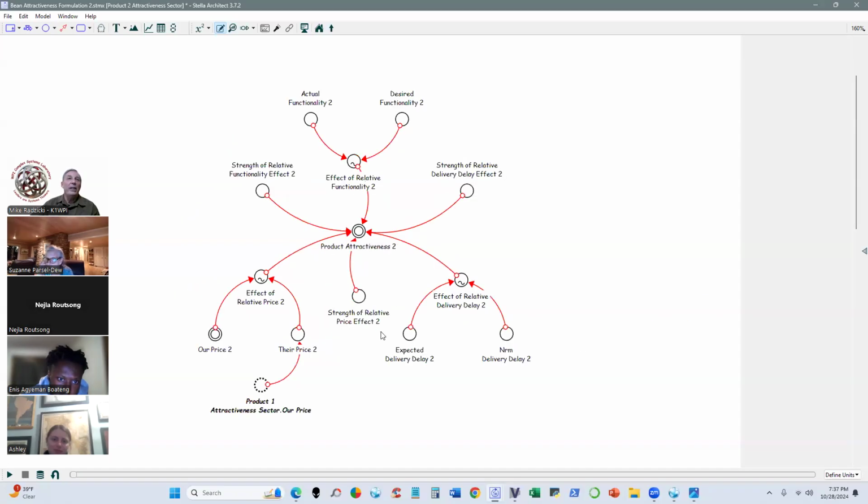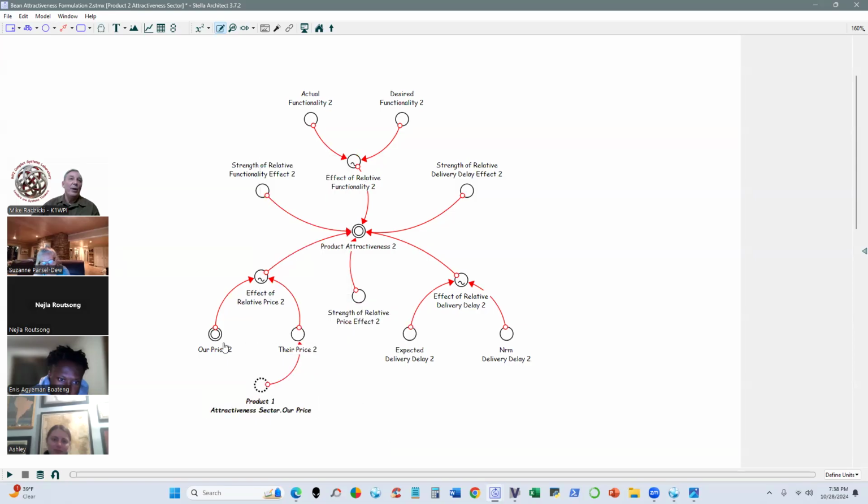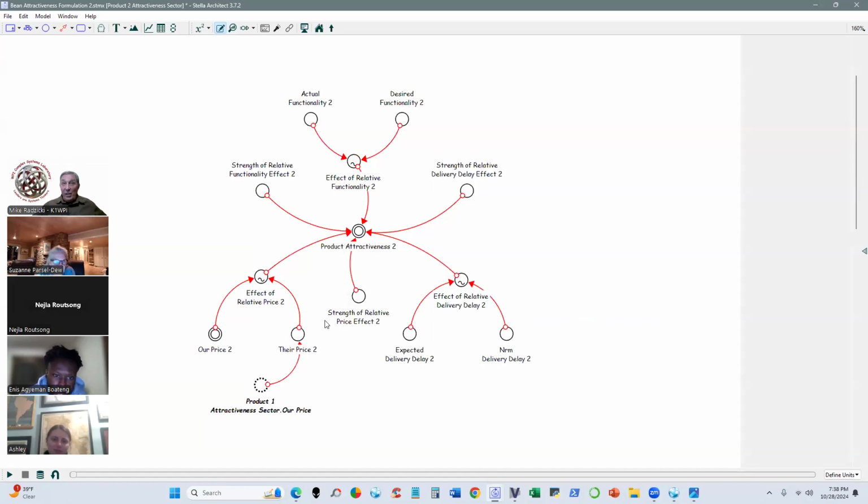So here it's coming in, receiving or accepting input. So now they're comparing the two prices, their price and our price. So their price is product one's price. This is product two. All right. So yeah, the attractiveness is identical on this side.